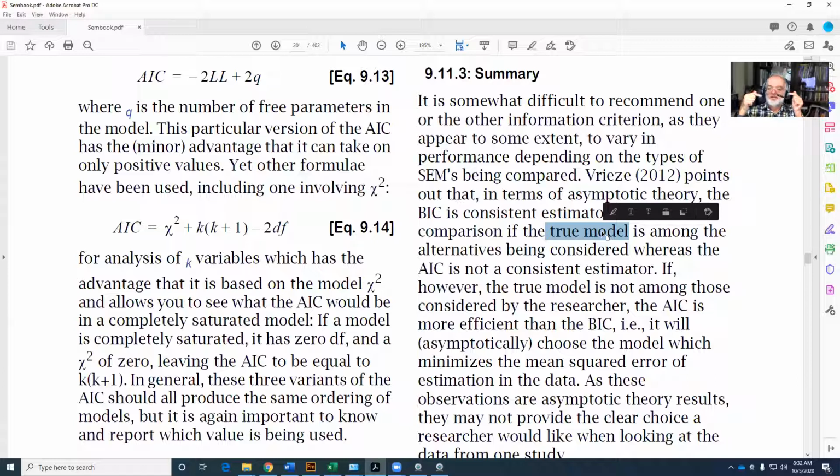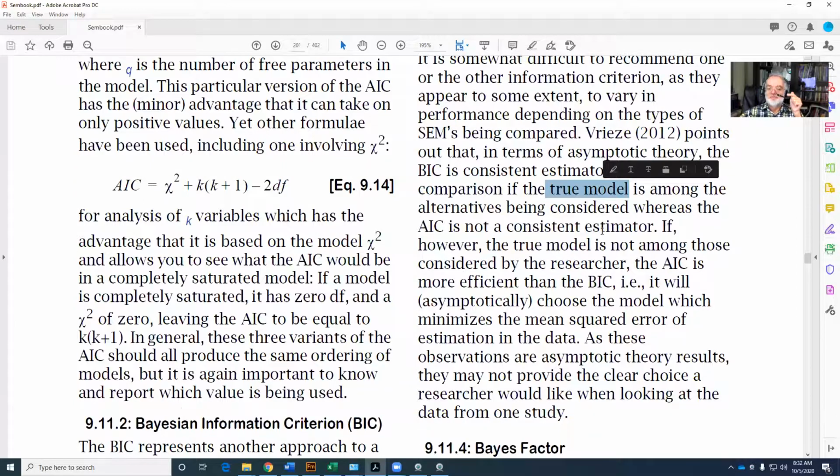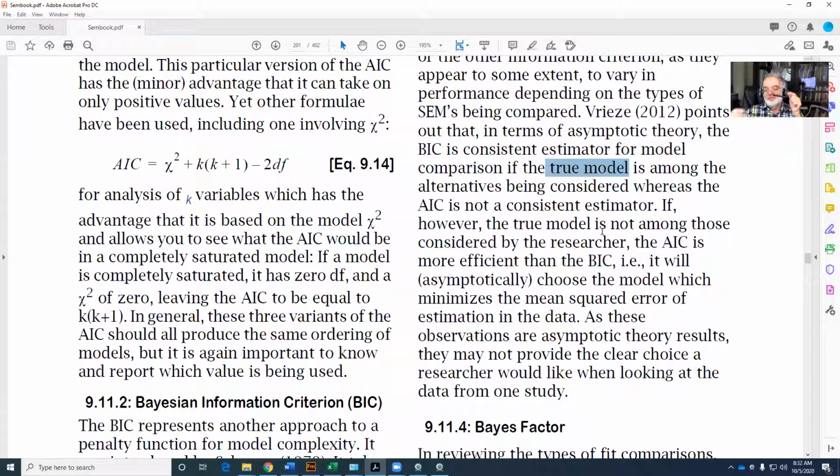However, if the true model is not among them, the AIC seems a little bit more efficient than the BIC. It seems to asymptotically give you the model that minimizes the mean square error. Both of those observations are asymptotic, that is, as sample size goes to infinity. But they are some comments about whether it's going to work well for you in practice.